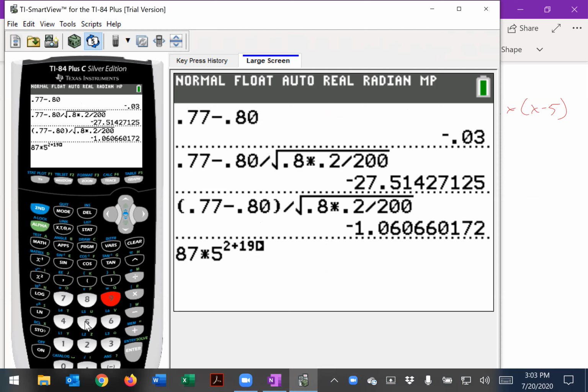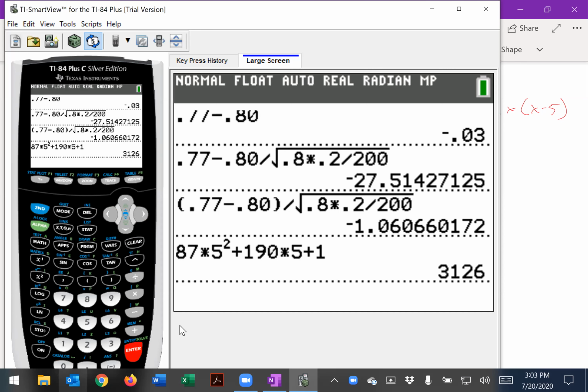I keep forgetting the plus there. And then is that a minus 1 or a plus 1? That's a plus 1. Okay, and I'm getting 3126, which is good.